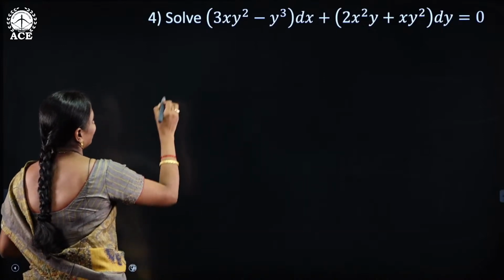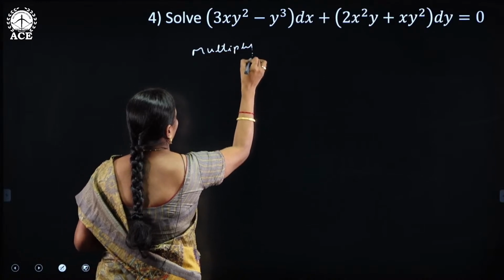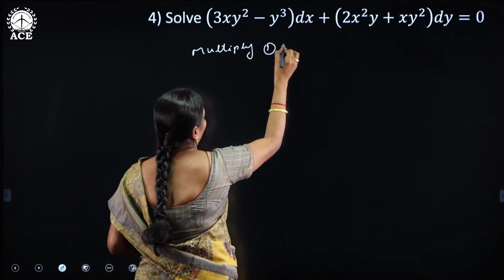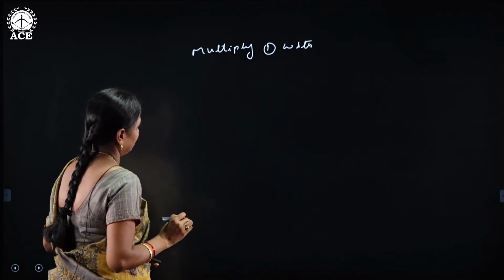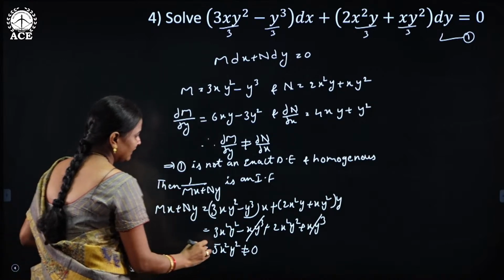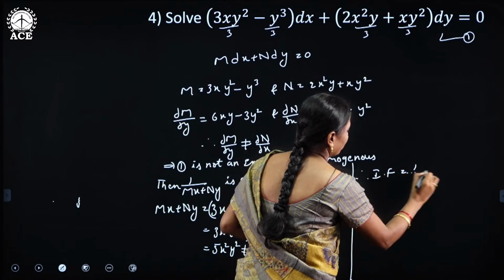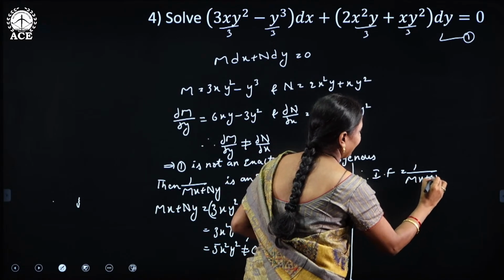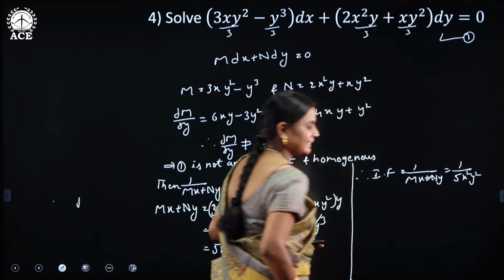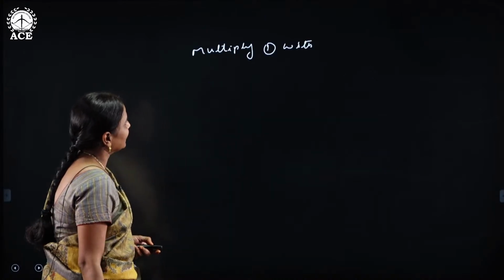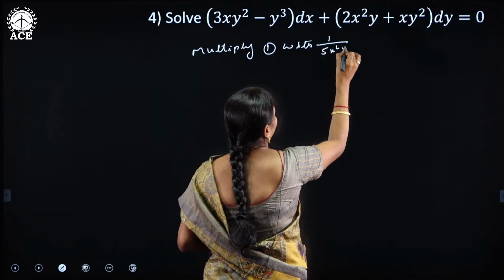So next multiply equation 1 with 1/(5x²y²).